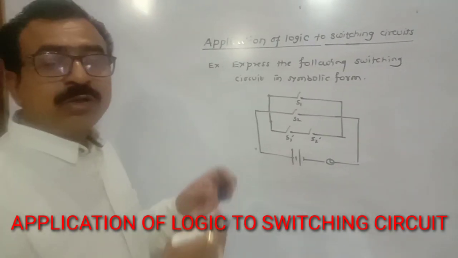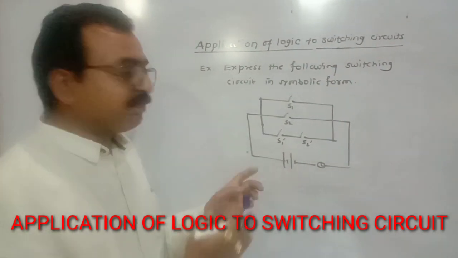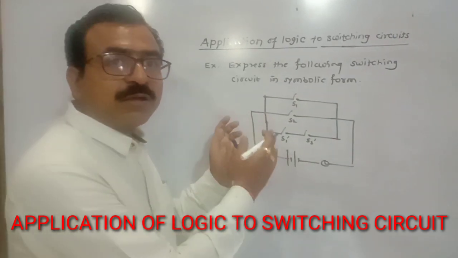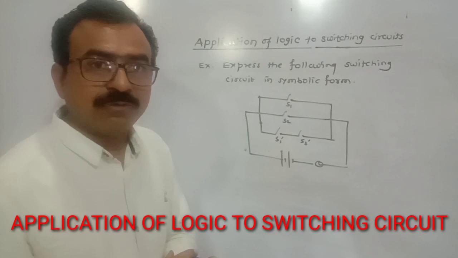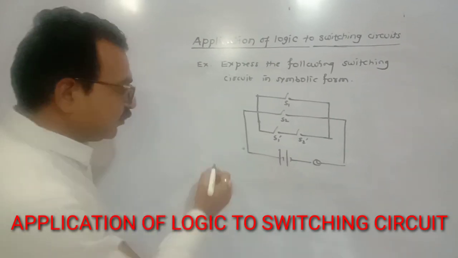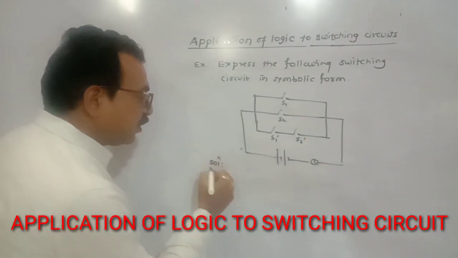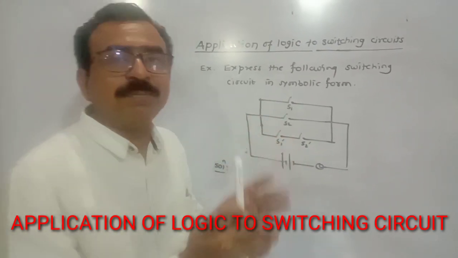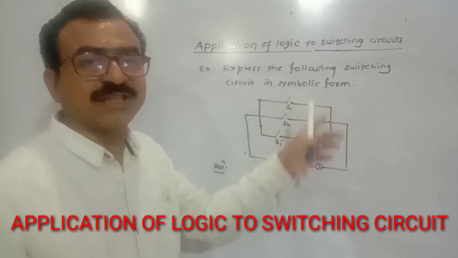So friend, in this example one switching circuit is given and your question is to express it in symbolic form. For that purpose, initially check how many switches and complementary switches are used in the circuit diagram.